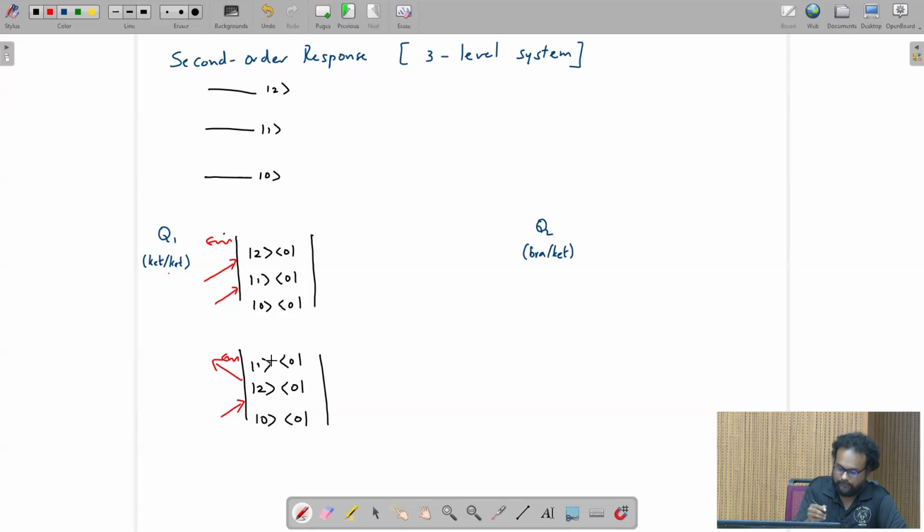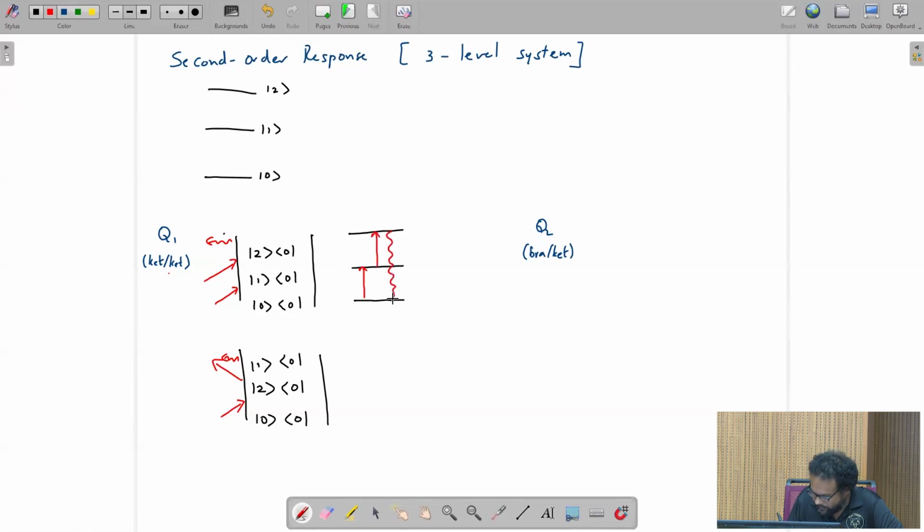Okay, you can also represent it in the ladder diagram. Sometimes it can also give you intuition. The first interaction is taking you from here to here. Your second interaction is then taking you from here to here.